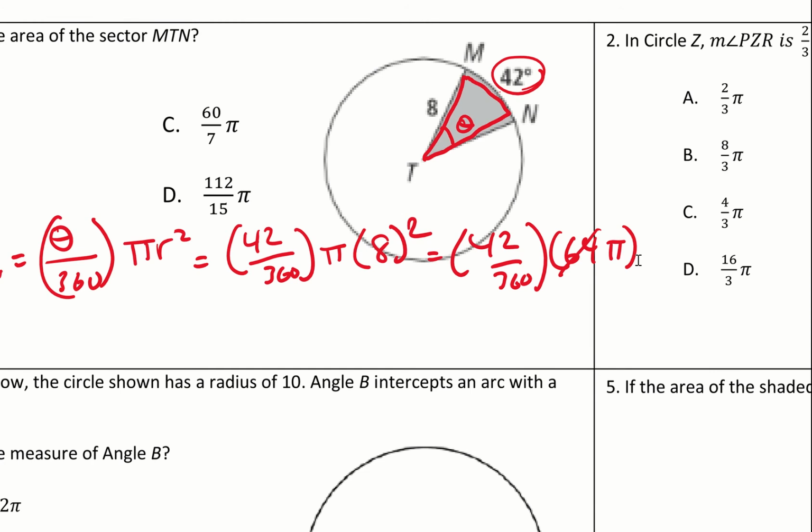So let's see, 360, so 64 divided by, so 4 goes into 64 16 times, and 4 goes into 360 90 times. And then 16 divided by 2 is 8, and then divided by 2 here is 45.